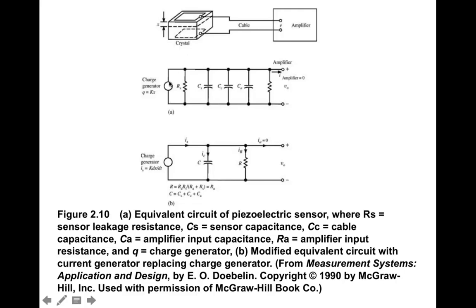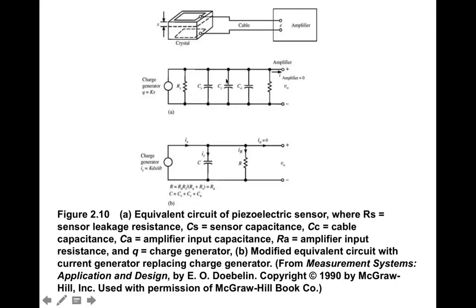The way to model that is that you have a charge generator here, which is basically your change in X, and then you have some resistance that is like a sensor leakage resistance. It's basically the resistance of the crystal. You have a sensor capacitance, C sub S. You have a cable capacitance, and you have an amplifier input capacitance.